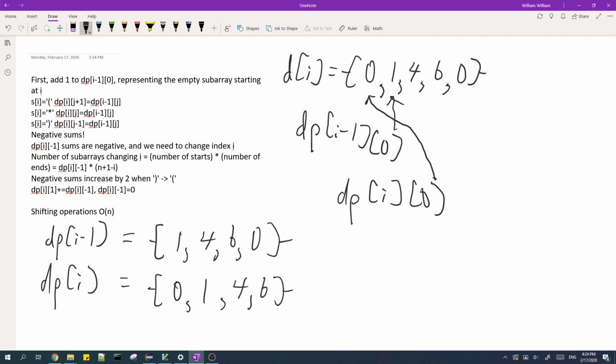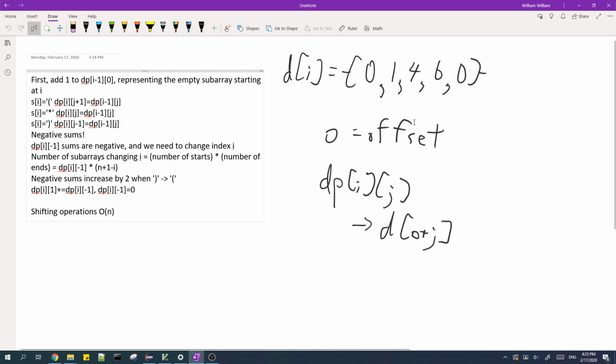So in fact, dp of I of 0 will point to this new element over here. And you can see that this works. If we want dp of I of 1, we look at the pointer which points to D, and then move 1 to the right, which gives us 1, the element that we want. So notice that moving these pointers can be implemented in constant time.